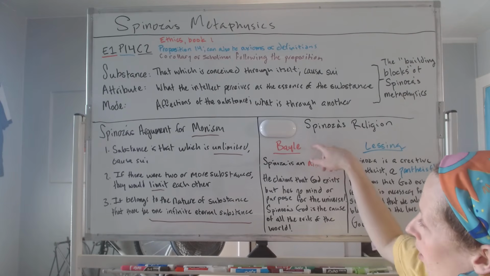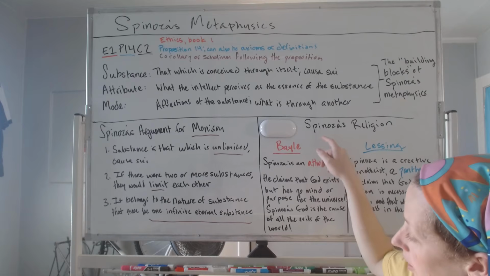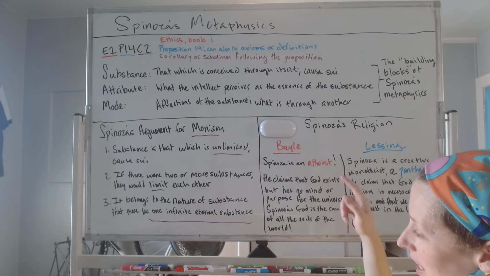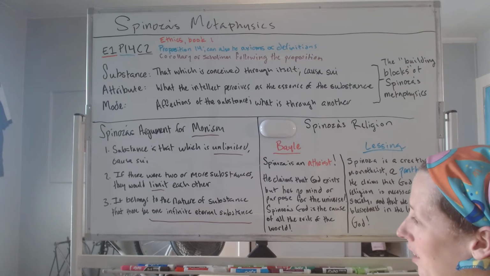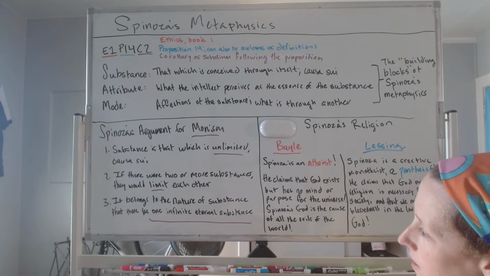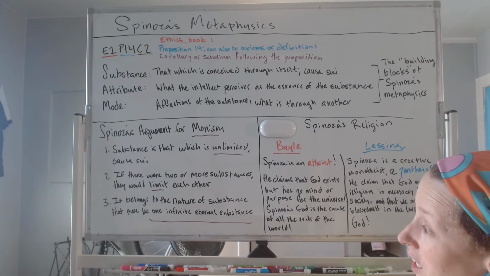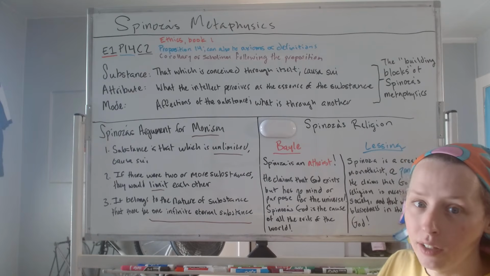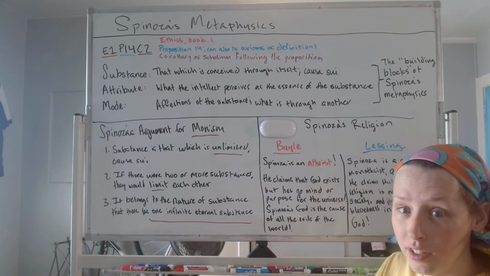Ultimately, Bayle is the most significant commentator and interpreter of Spinoza in the history of European philosophy, or at least so I would argue. That's because Bayle was the first person to call Spinoza an atheist. And that's the reputation that Spinoza had throughout Europe for hundreds of years.